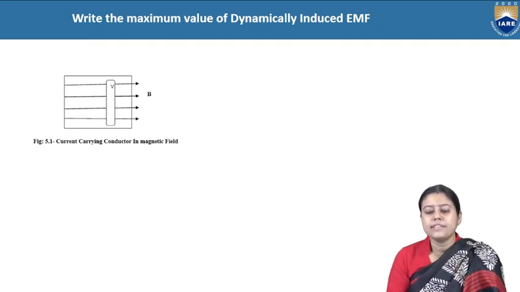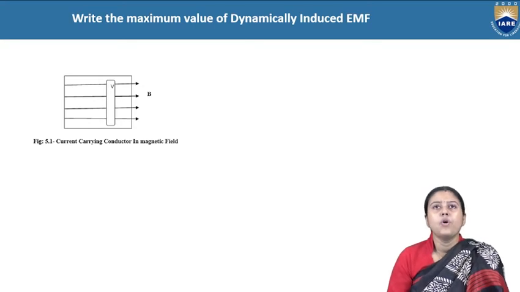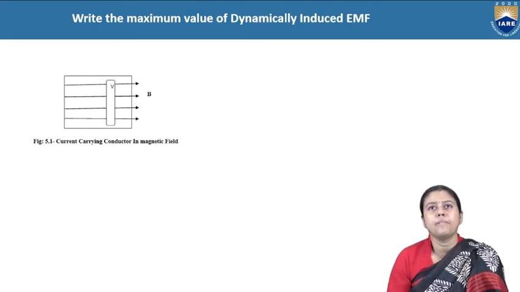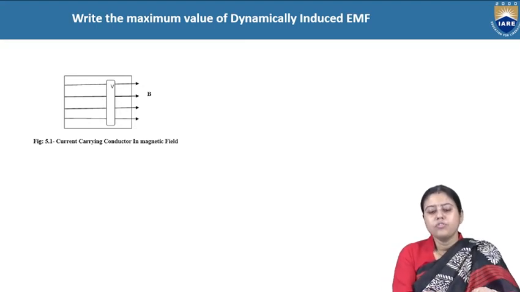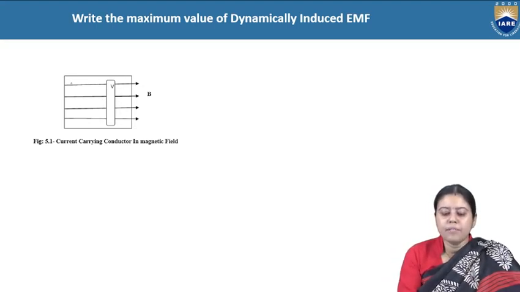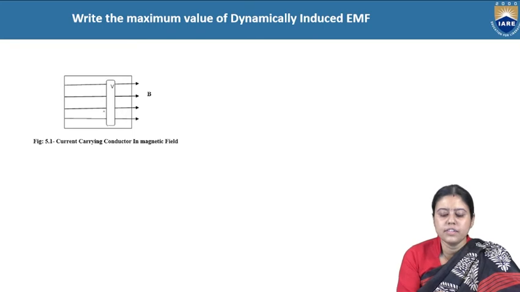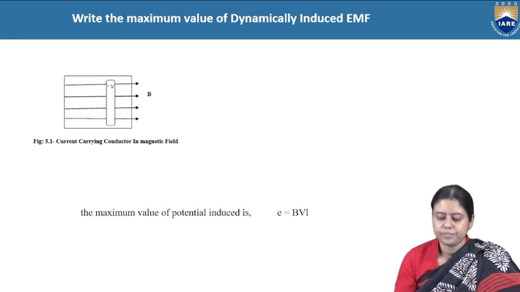Write the maximum value of dynamically induced EMF. We have to calculate the maximum value of dynamically induced EMF. So see, this is a motor we can think, and this box is a conductor.